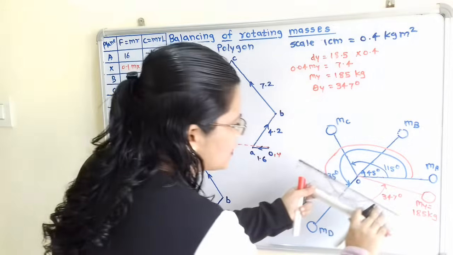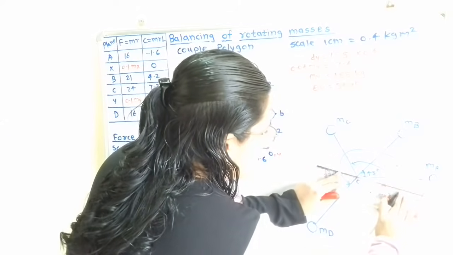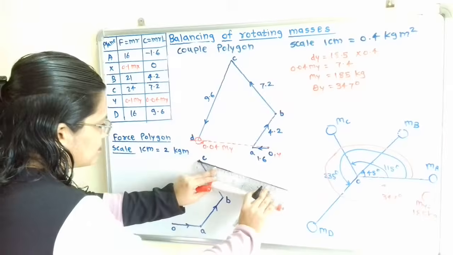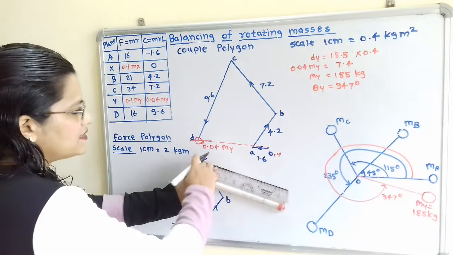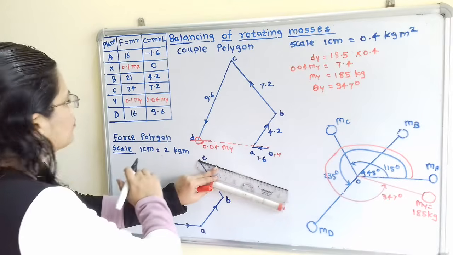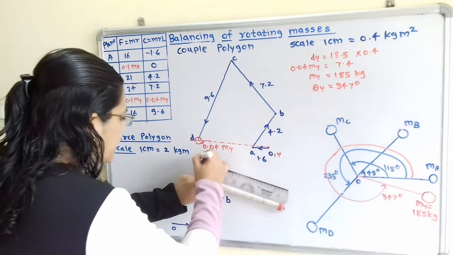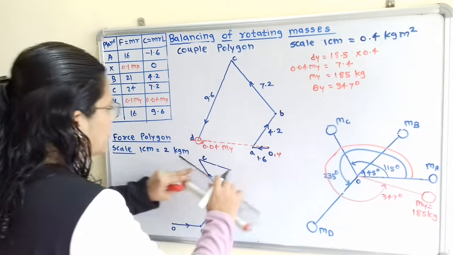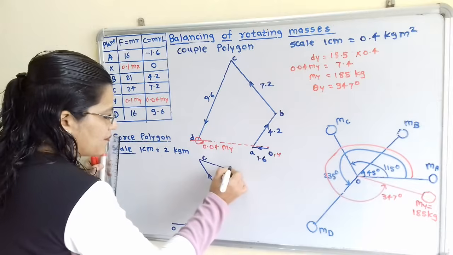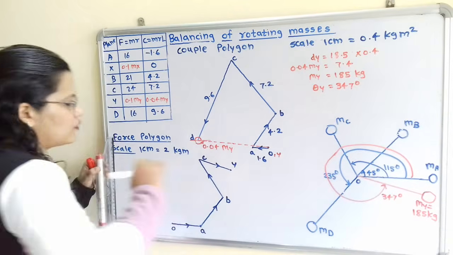If we observe this angle, we have to transfer it, and from C we add this angle and draw the line. Its length will be 9.2. Here the last point will be point Y. We will show the arrow also.